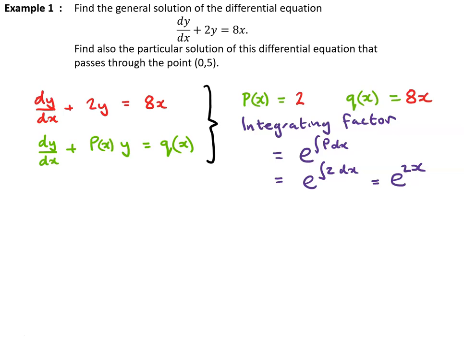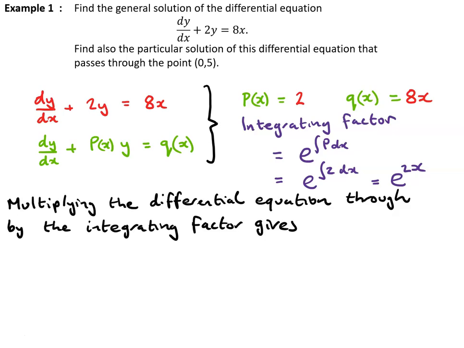So we must multiply the original equation through by e to the 2x to obtain e to the 2x dy by dx plus 2e to the 2x times y equals 8x e to the 2x.